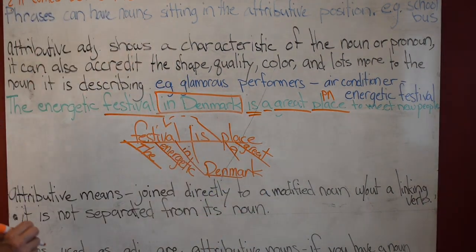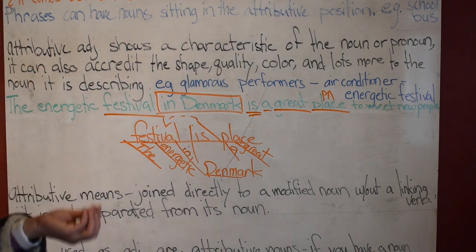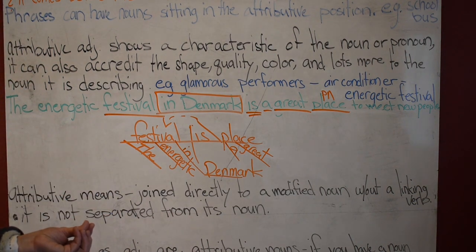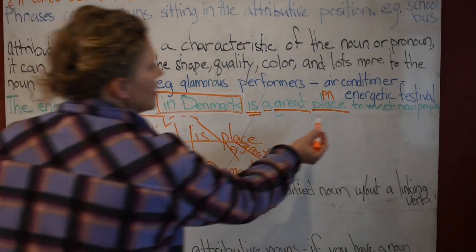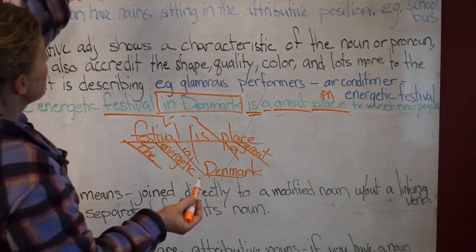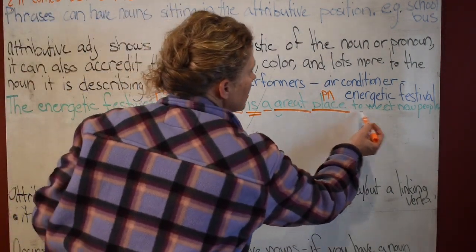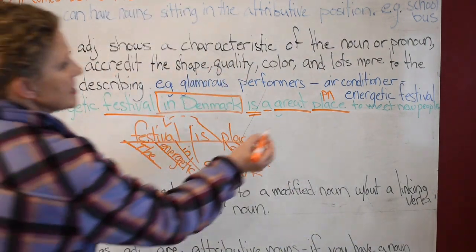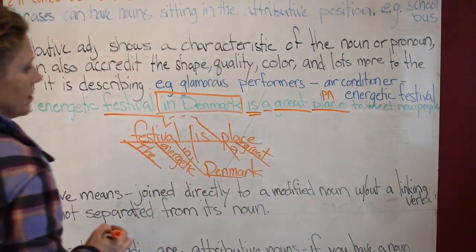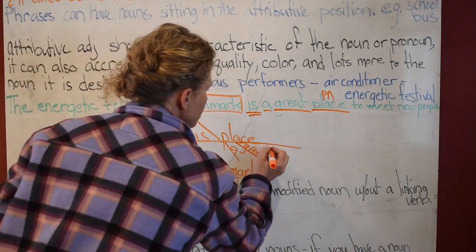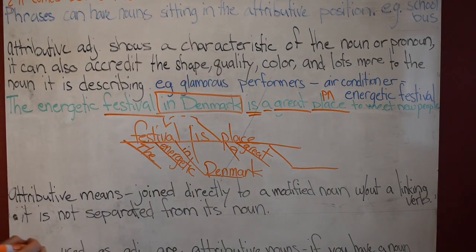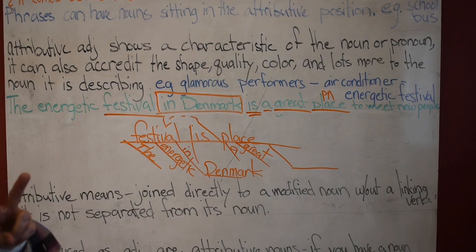It's a great. So now we also have a prepositional phrase acting in the attributive position. See how it's next to it? We have a prepositional phrase to meet new people. Okay, so this can be diagrammed two different ways.